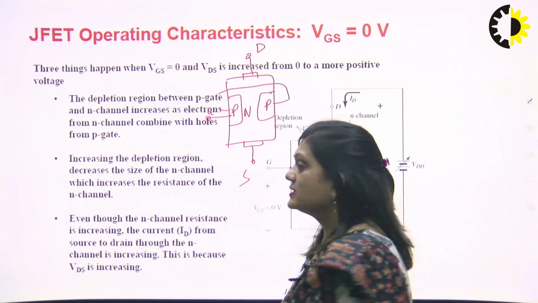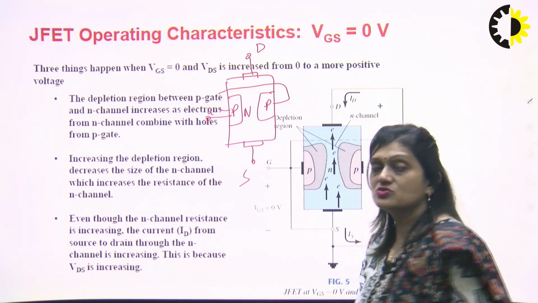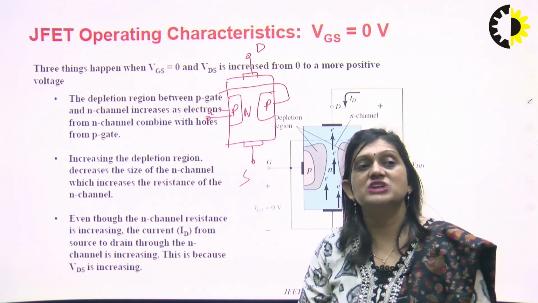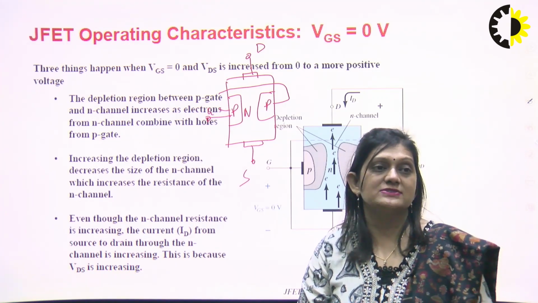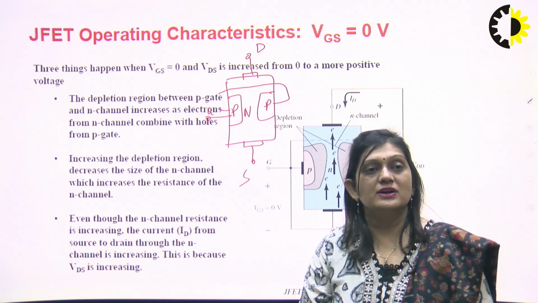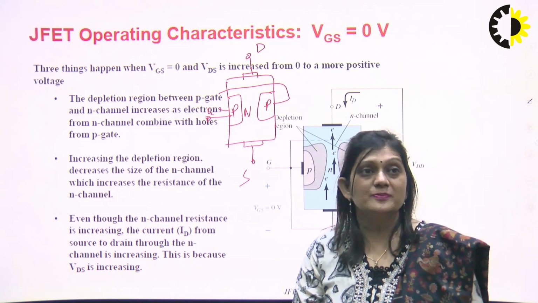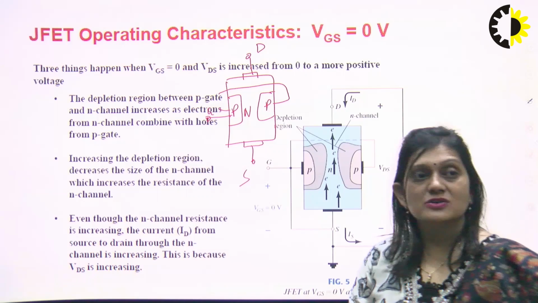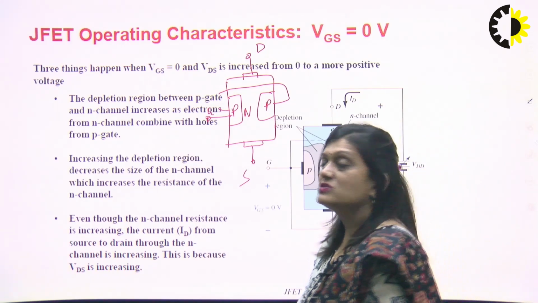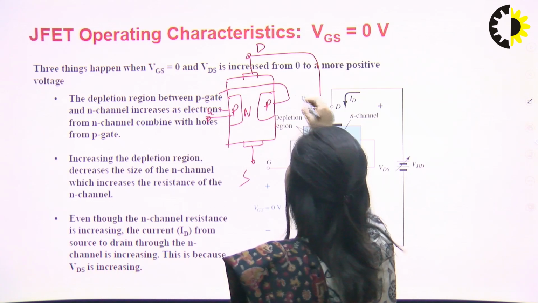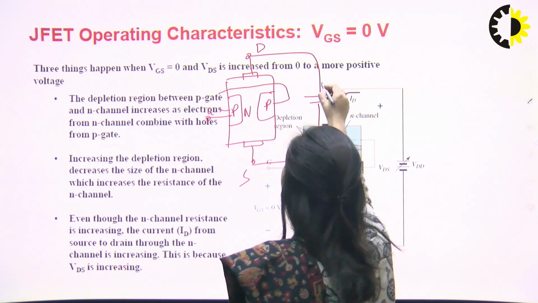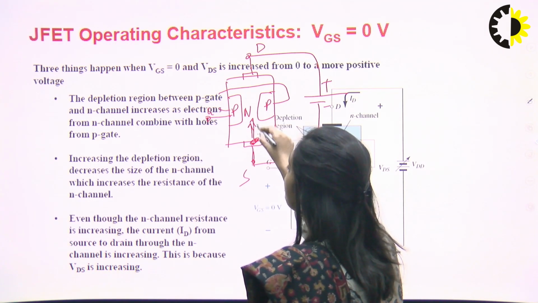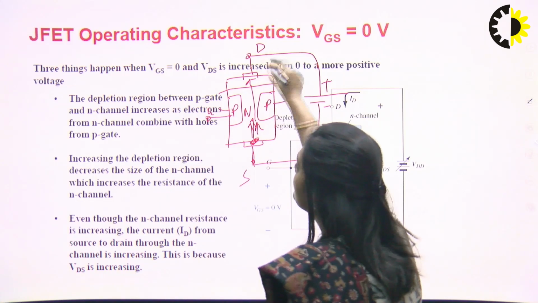Now we have to connect the drain and source. Like we have seen in the BJT, the emitter provides the charge carriers. Similarly here, the source will provide the charge carriers, and the drain will collect them. The drain is similar to the collector in a BJT. The drain will be connected with the positive supply and the source with the negative supply. So the source will provide the charge carriers, the electrons, and these electrons will move upward.